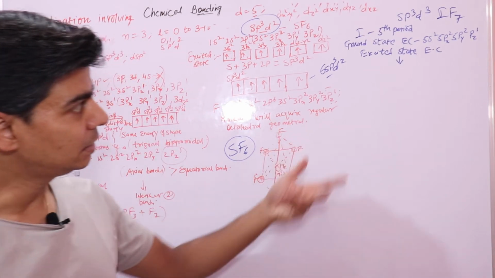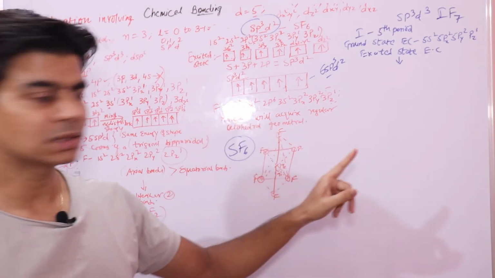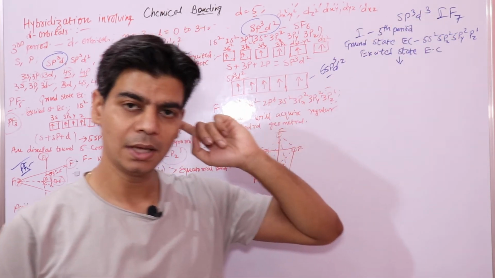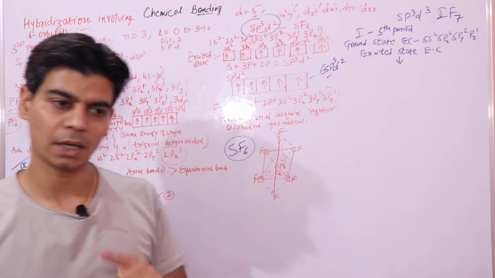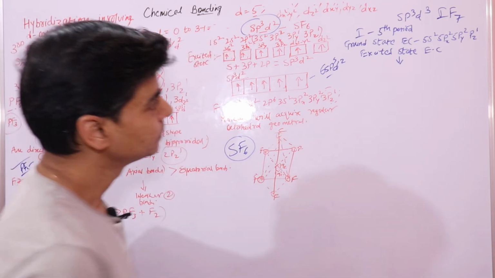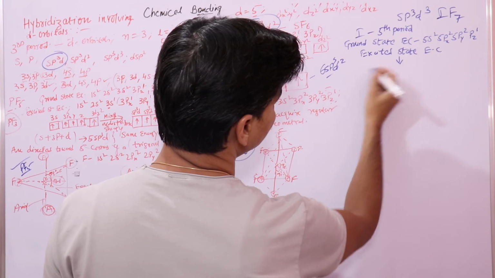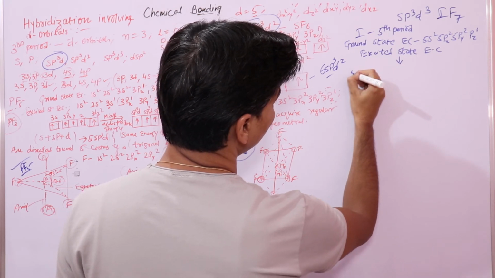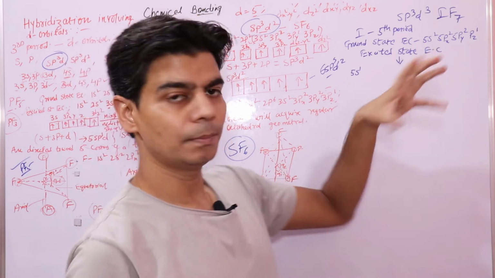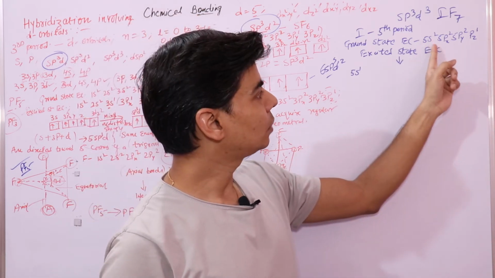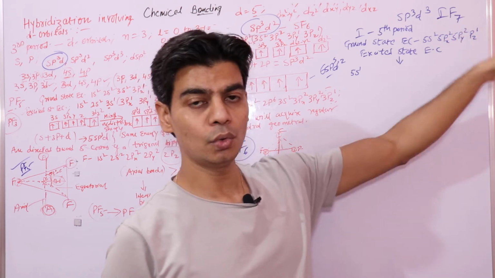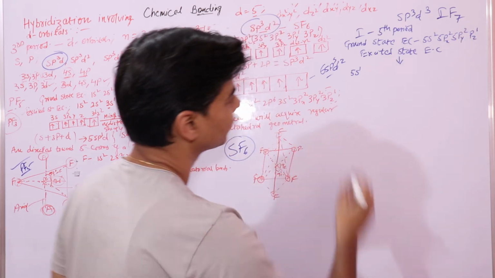In sp3d3 hybridization, the d orbitals involved are dxy, dyz and dxz. So in the excited state we promote one electron from 5s, 5px and 5py to empty d orbitals.